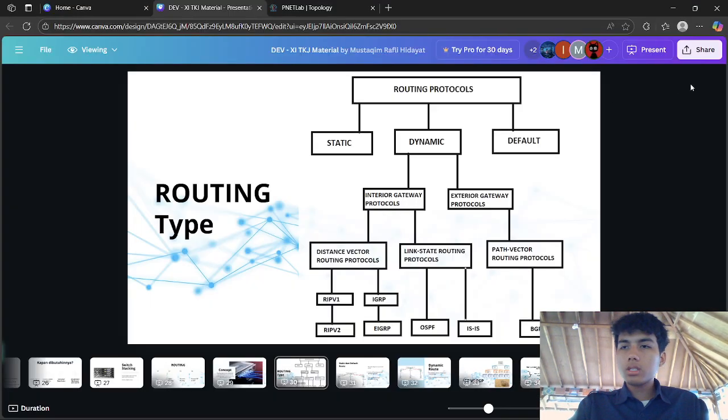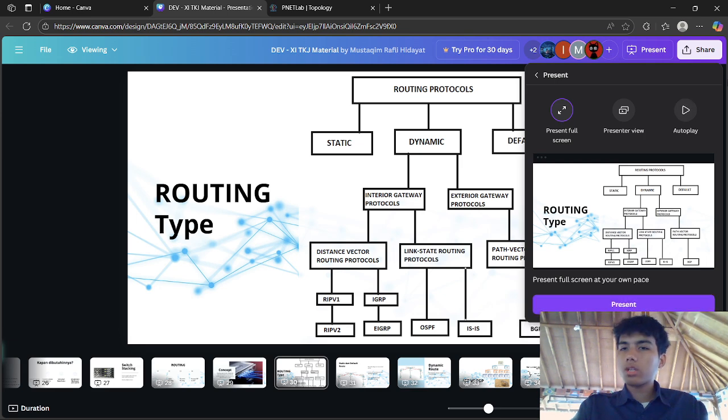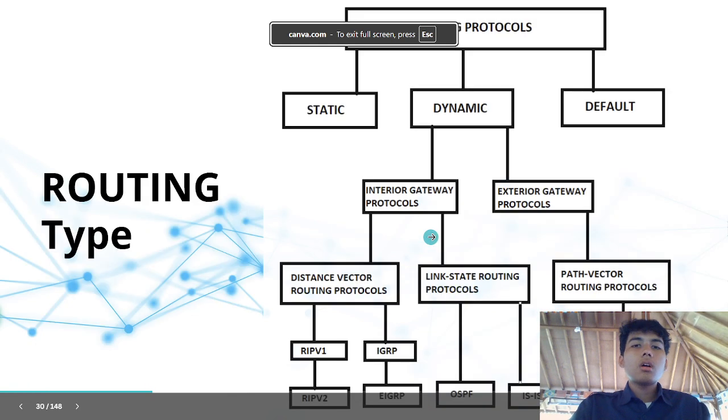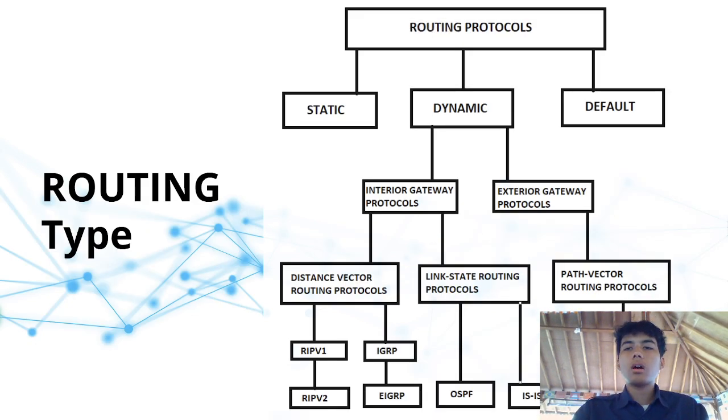So now let's go to the routing types. In routing we have three types. The first one is static, the second one is dynamic, and the third one is default. Static is manual.